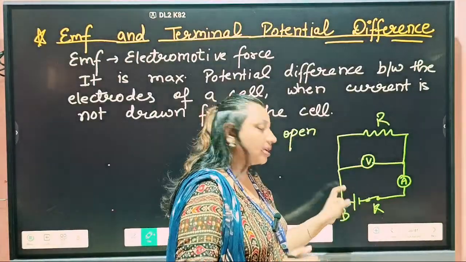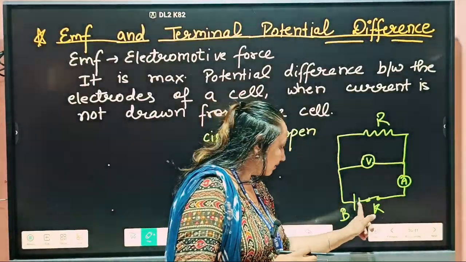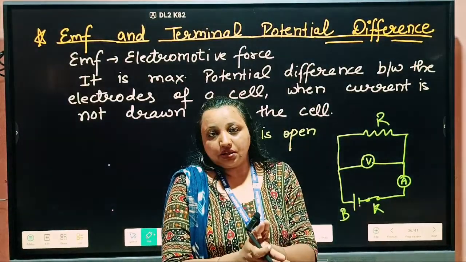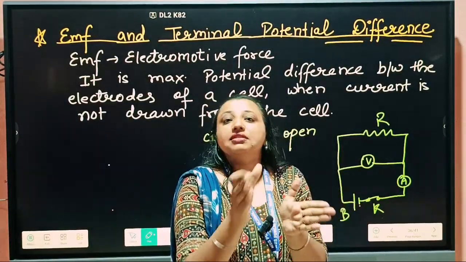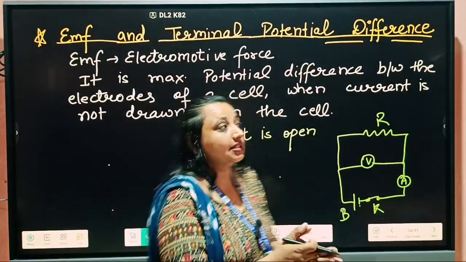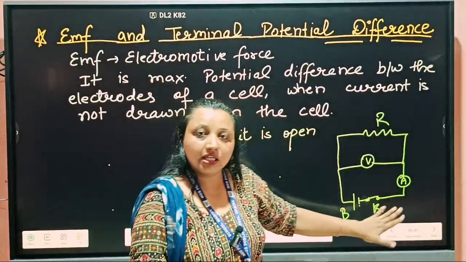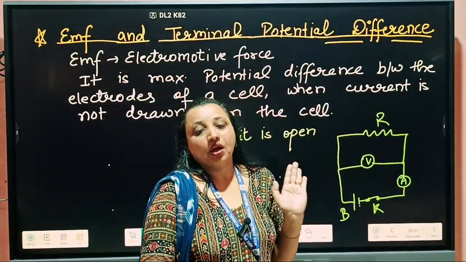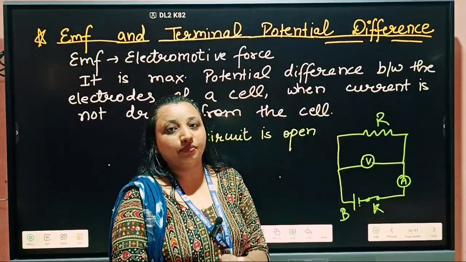So this is the higher potential and the shorter line shows the lower potential. And there is a difference between the potential of these two terminals. That is known as EMF when the circuit is open, when the current doesn't flow in the circuit, when the circuit doesn't draw the current from the cell.